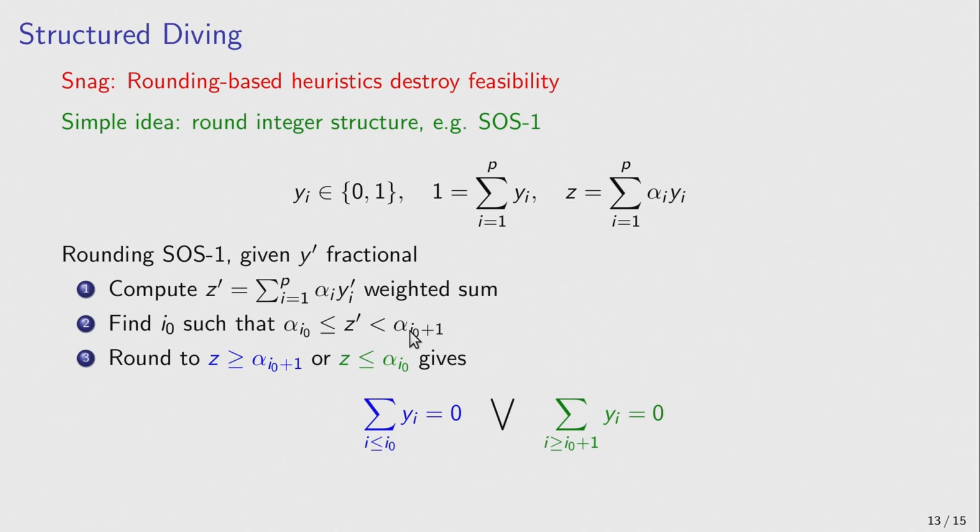And we've looked at this. This is special ordered set branching. If you implement this, then you're branching on this disjunction, so you're setting a whole bunch of binary variables either to 0 or to 1.